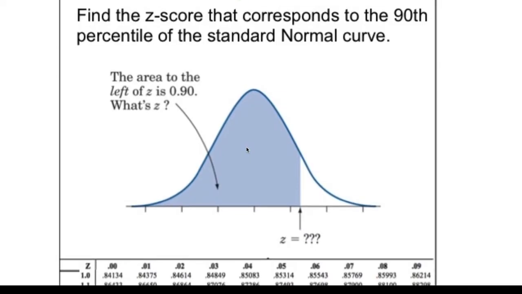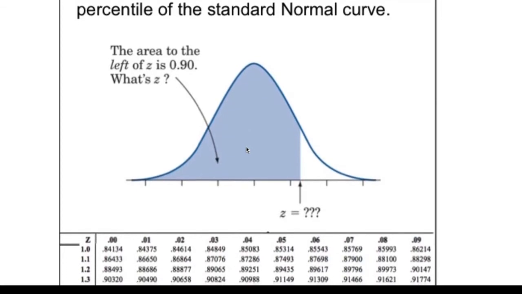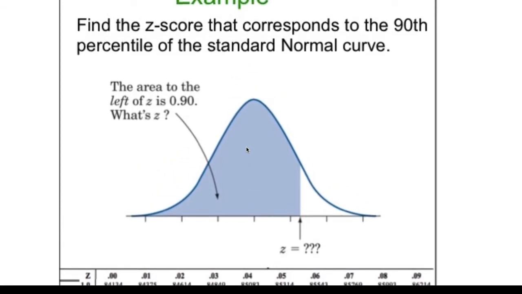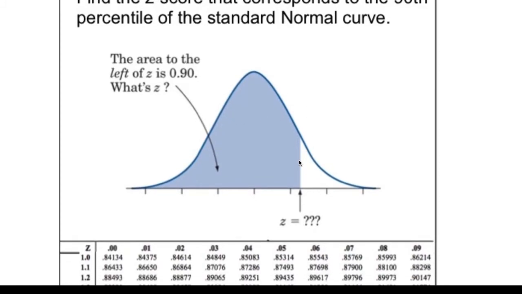It says find the z-score that corresponds to the 90th percentile of the standard normal curve. So in this case, you are going by the percentile. And so now we're really going to have to dig through our table. And again, your chart is read as what's less than.